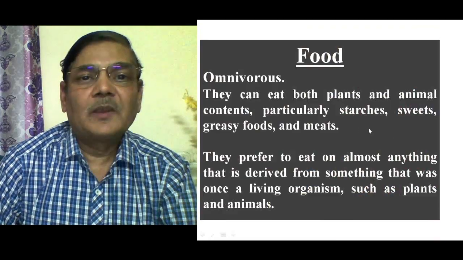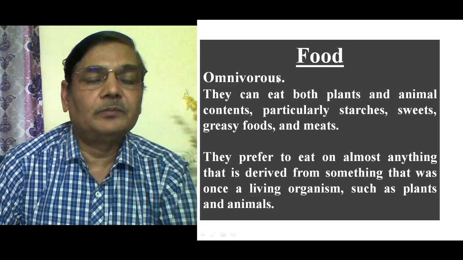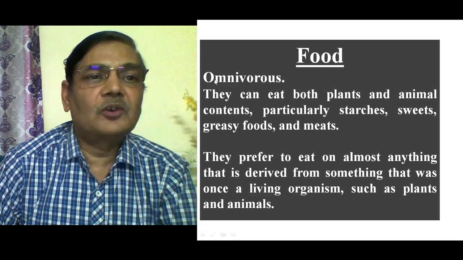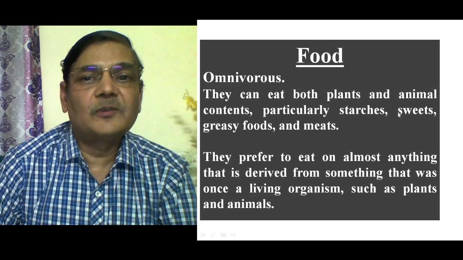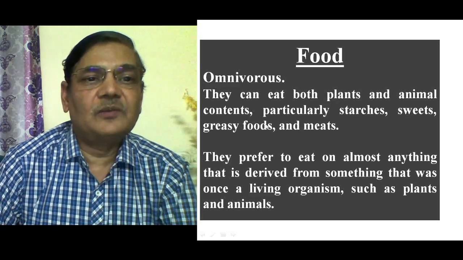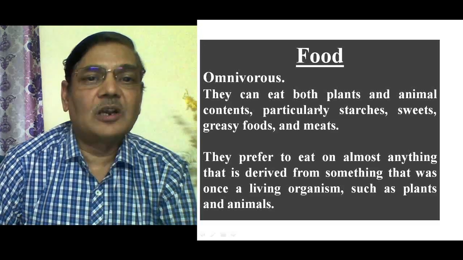But if I tell you about the food, this animal is omnivorous. It means cockroaches can feed on a variety of food materials. They are those animals which feed on every organic content. They can eat both plant and animal materials, particularly such materials which are rich in starch, sweets, and greasy food materials, and also meats, meaning dead animals are the food of the cockroach.